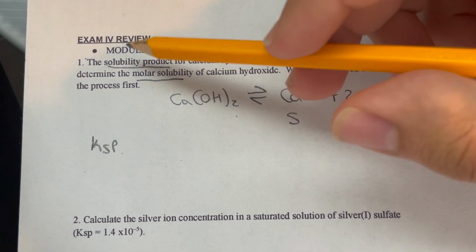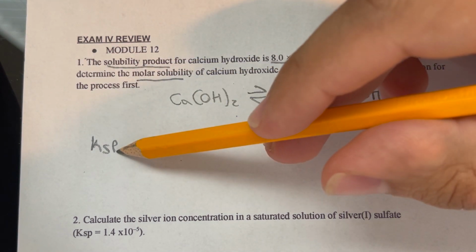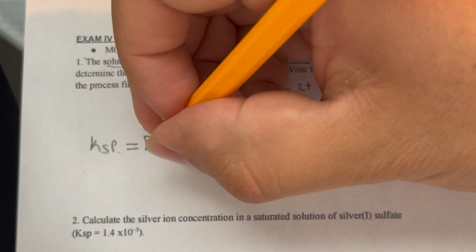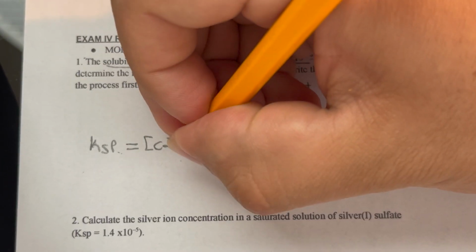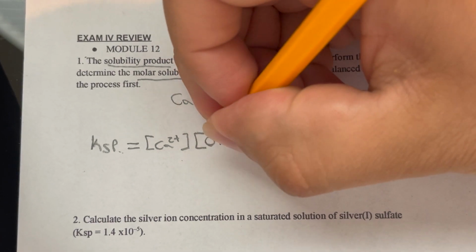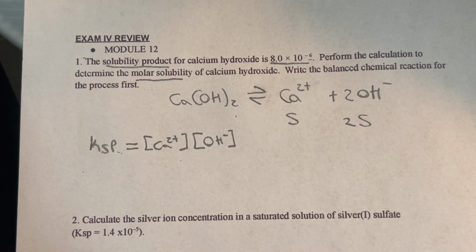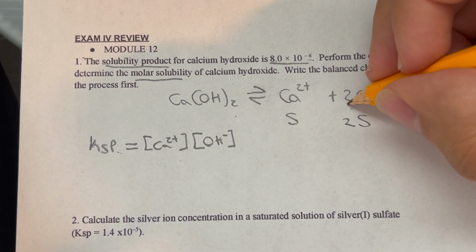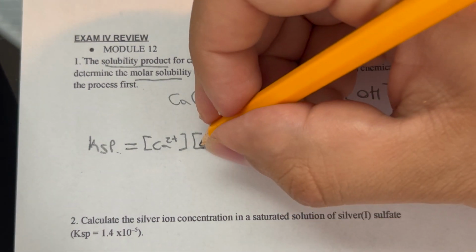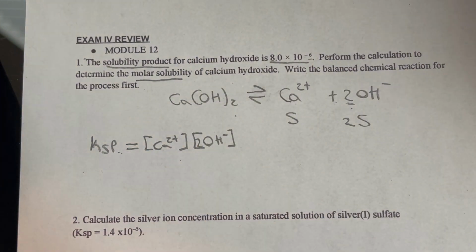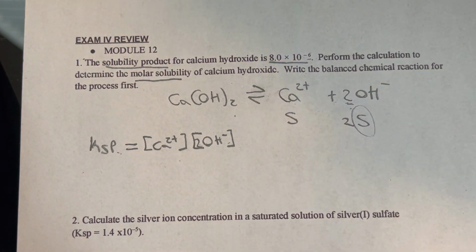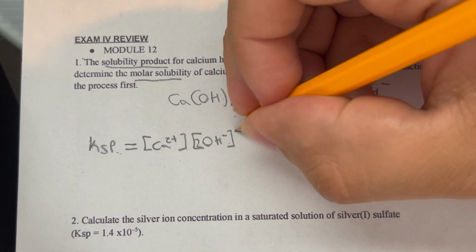So for the solubility product, KSP, we can set up the KSP expression to be the concentration of calcium ions times the concentration of OH ions, right? And we have to take into account this coefficient over here. What this coefficient is going to do is multiply here: 2 times the concentration of OH, which we already said is S. And it's also going to be an exponent.